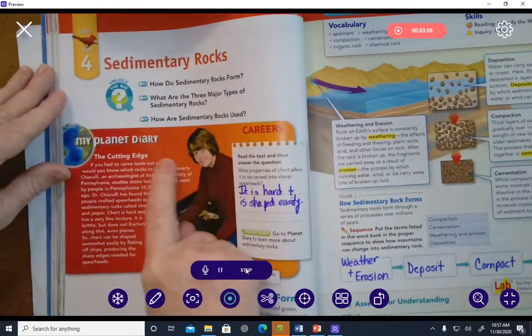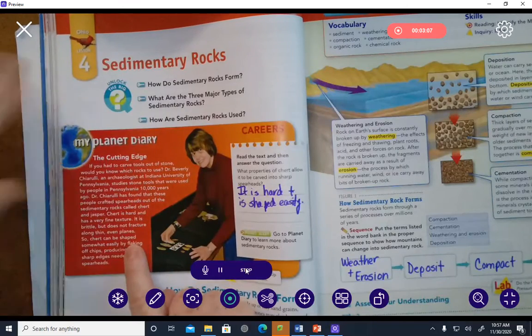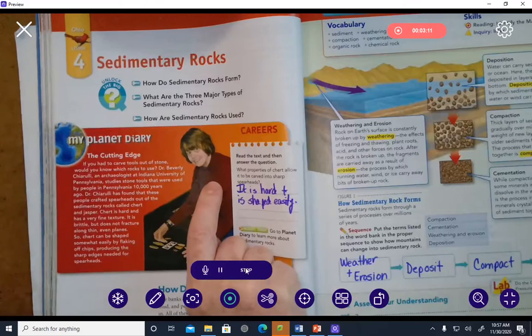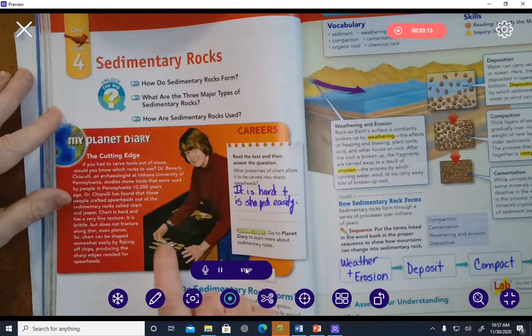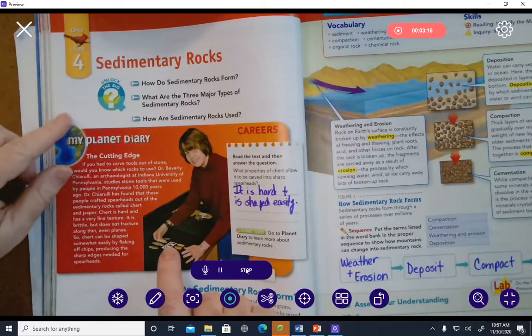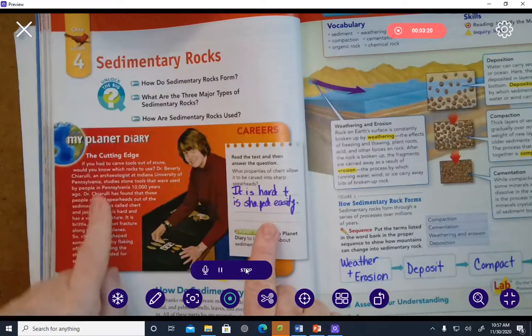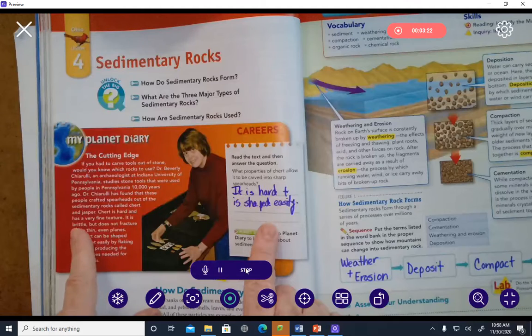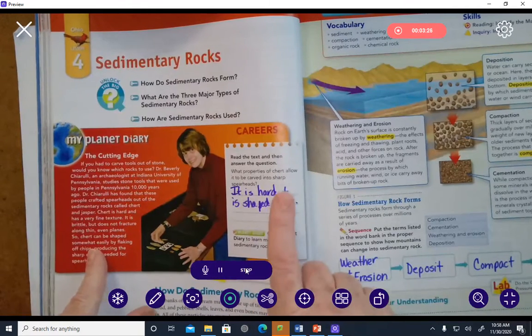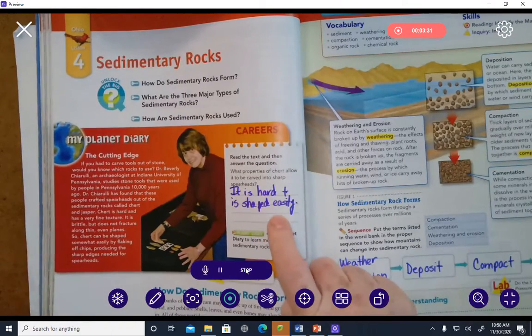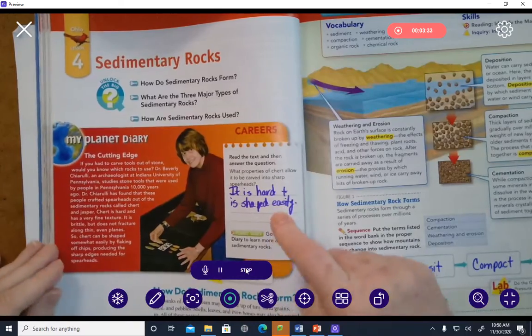If you read this article, a lot of kids love looking for arrowheads, and this is an archaeologist, and she finds arrowheads made out of a specific type of sedimentary rock called chert, and they talk about right here that chert is very hard, and it doesn't fracture, and it's easily shaped. So when they ask what characteristics or properties of chert, that's what I put. It's very hard, and it's shaped easily.